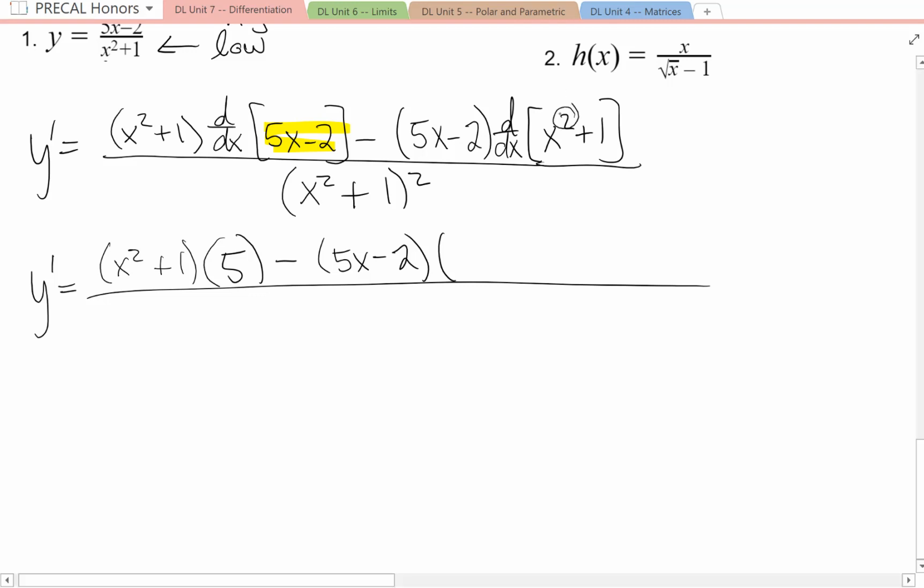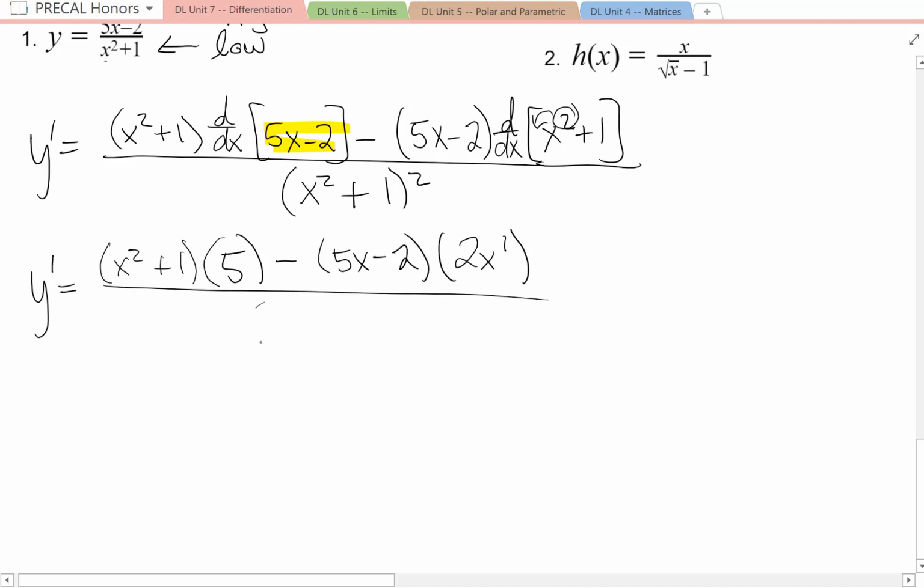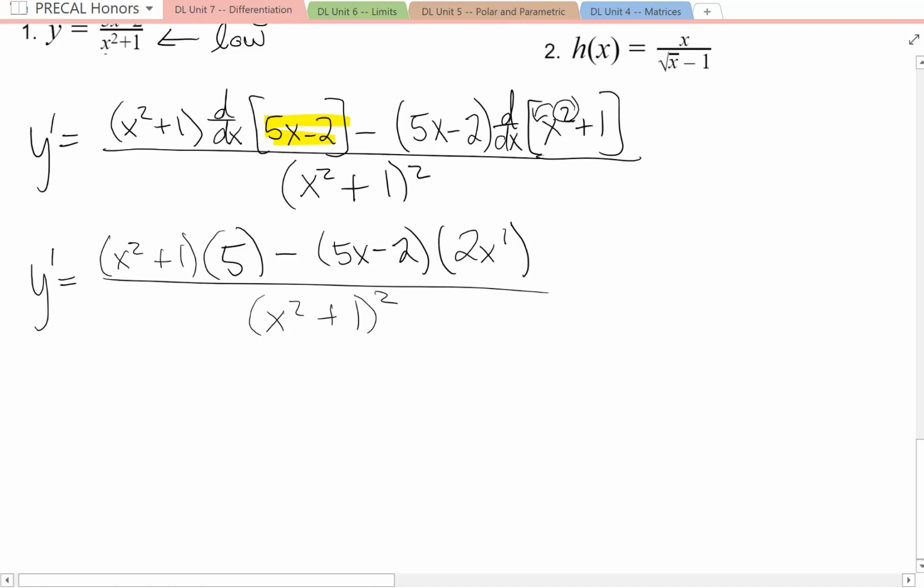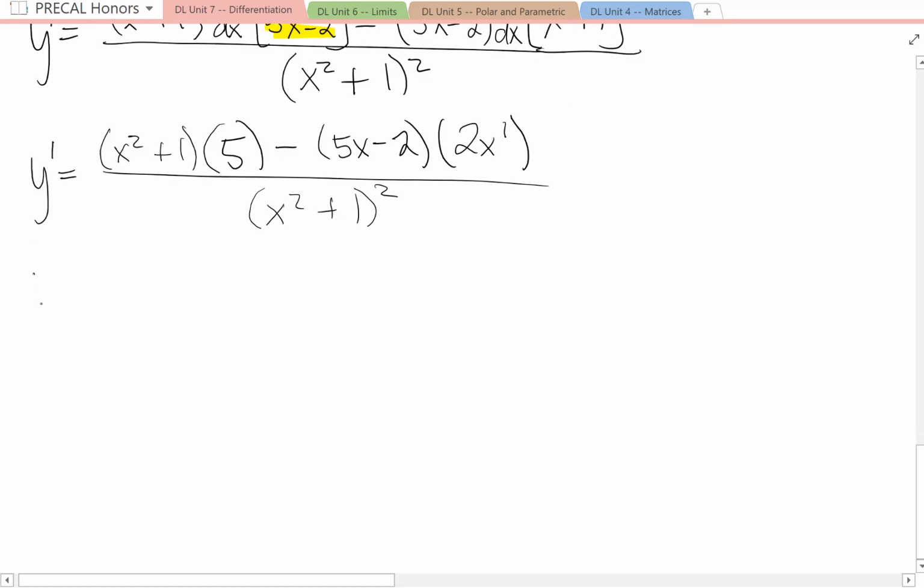Pop down, power down. Pop the 2 down and you will get 2x to the 2 minus 1, which is 1, plus the derivative of 1 is 0, the derivative of any constant is 0. Over low squared we go. Expand the numerator and combine any like terms possible.